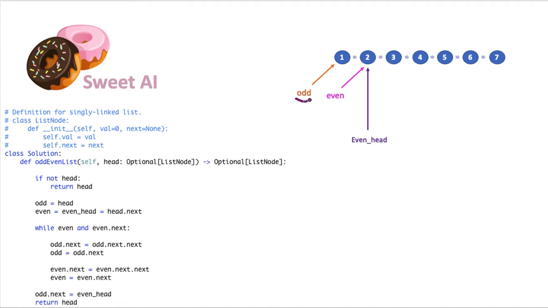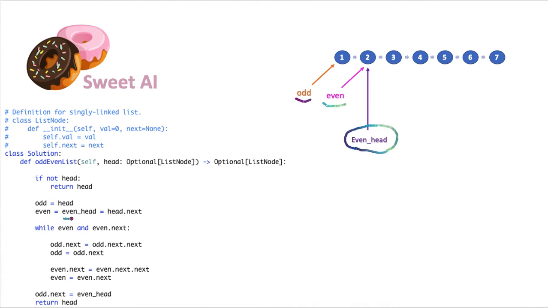One pointer for pointing to the odd index, one pointer for pointing to the even index, and one pointer for saving the first node with an even index. So the even head is just a variable that we are going to store the first even index in.